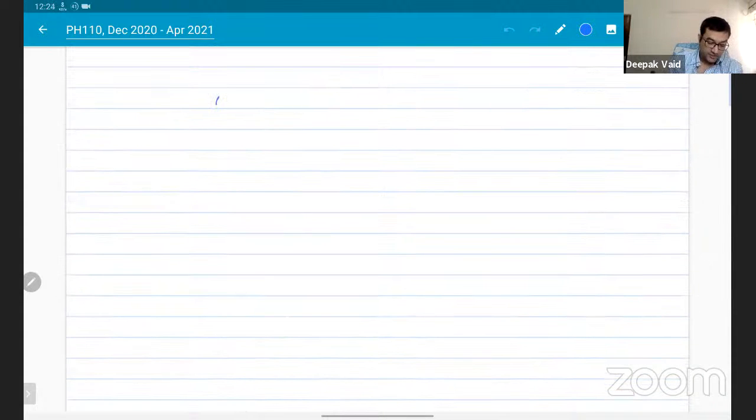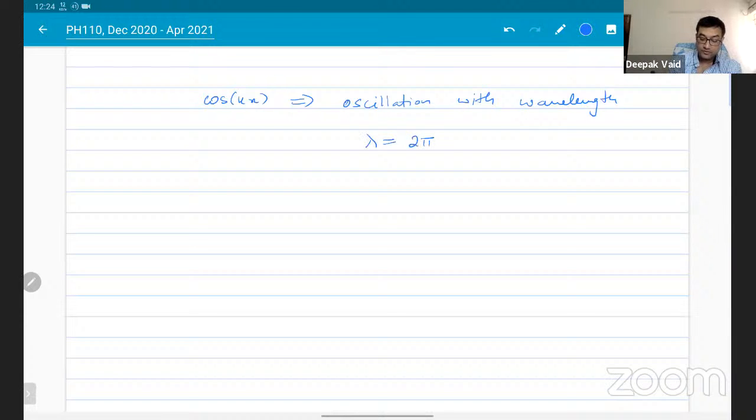So if I write something like cosine of kx, what this describes is an oscillation with wavelength lambda equal to 2 pi by k.